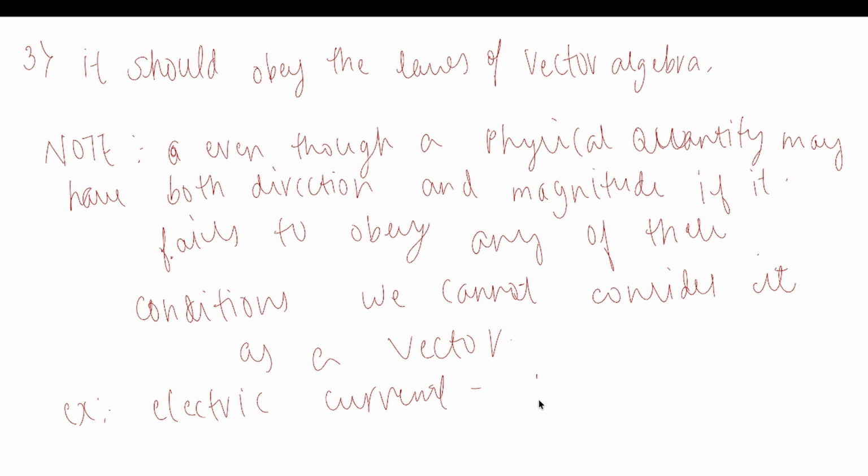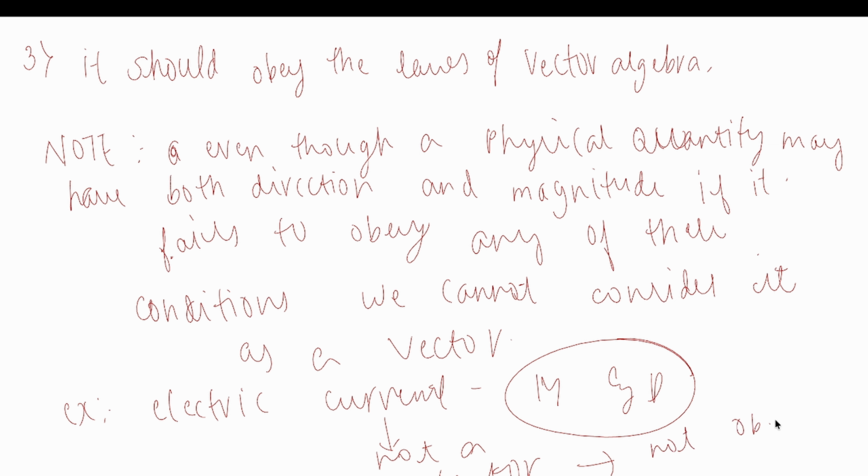It has both magnitude and direction, but it is not a vector, because it does not obey the law of vector algebra. Because it does not obey the law of vector algebra, it is not considered a vector. Let me change the pen color.